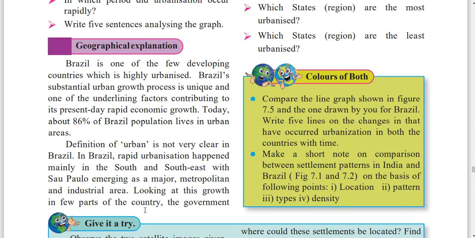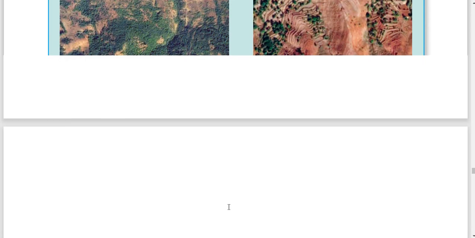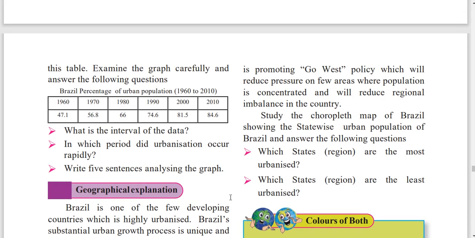Looking at this growth in few parts of the country, the government is promoting the Go West policy, which will reduce pressure on few areas where population is concentrated and will reduce regional imbalance in the country.